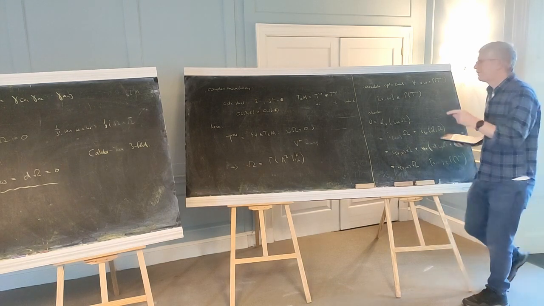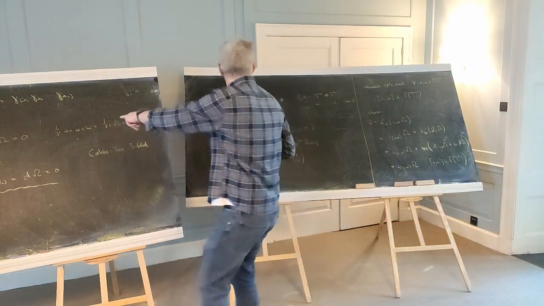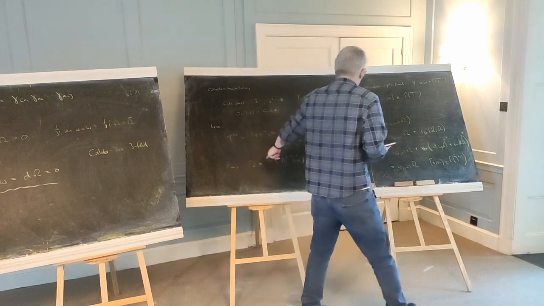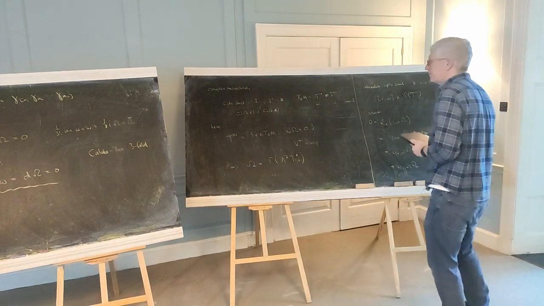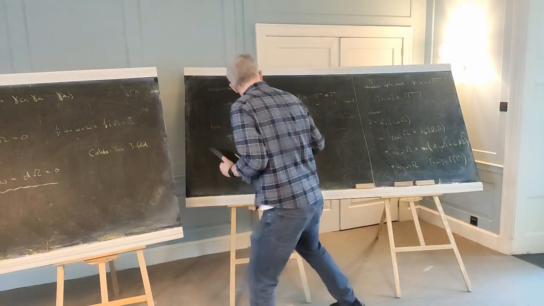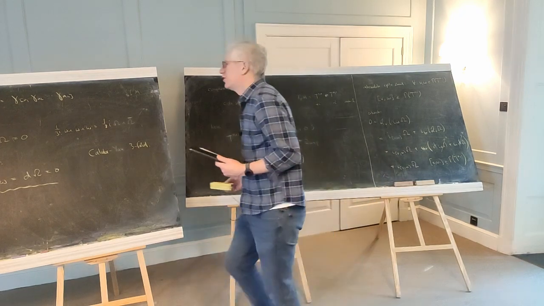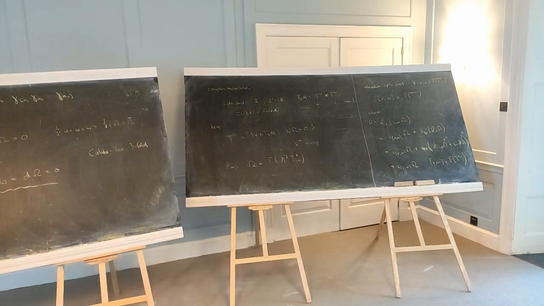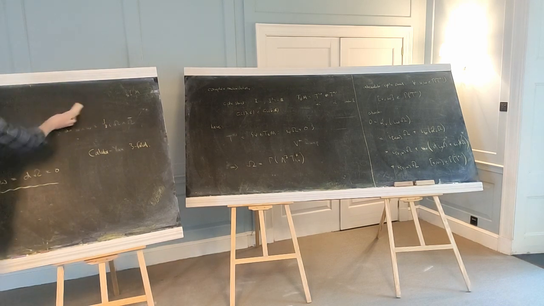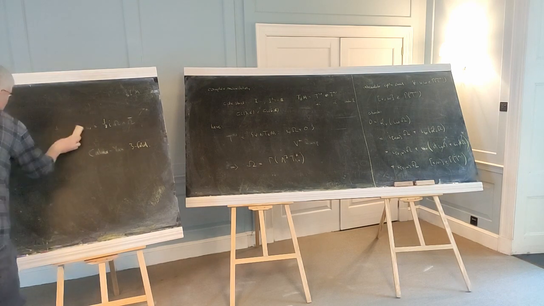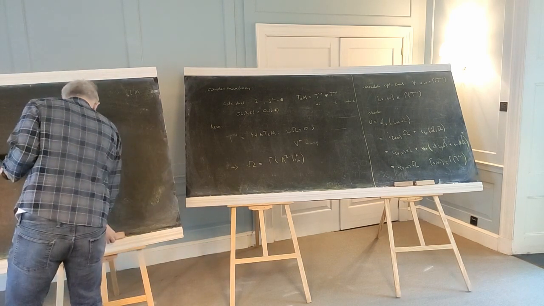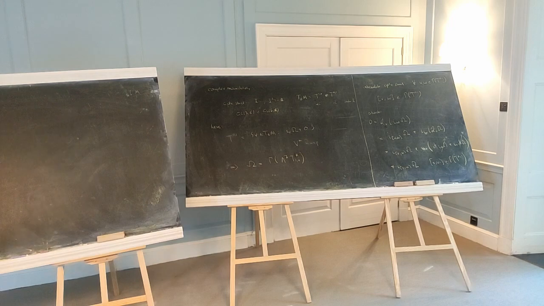So from this structure, we can define an integrable complex structure. And that actually means that we can introduce complex coordinates. So I told you that if you have an integrable complex structure, that means you can have complex coordinates.